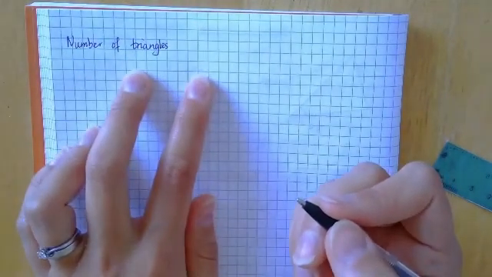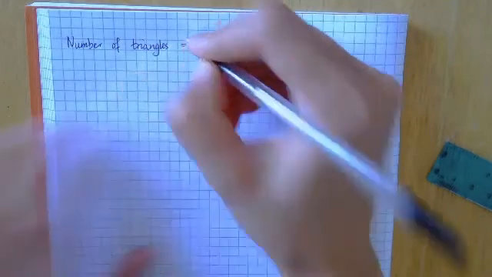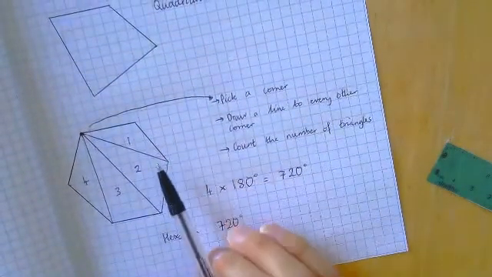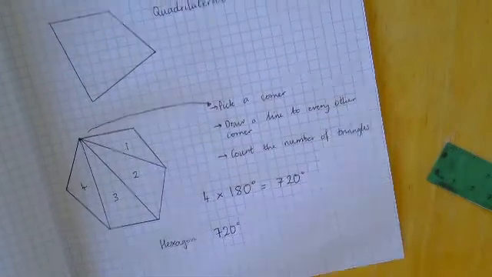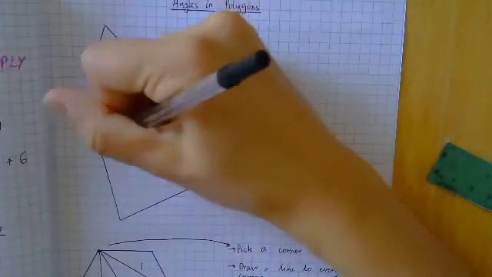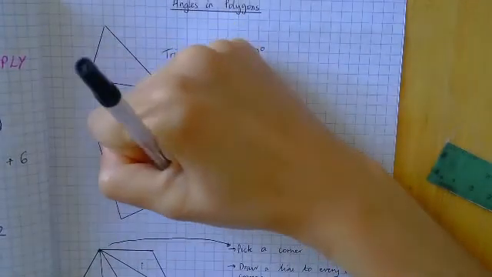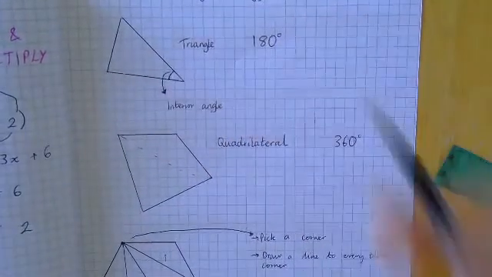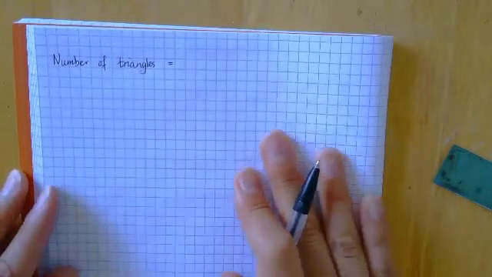So, we need to work out the number of triangles. Now, there's going to be a very nice way of doing this. Can you remember when we had a 6-sided shape? There were 4 triangles. Look, in my 4-sided shape, there's 2 triangles. In my 3-sided shape, well, there's just 1 triangle.